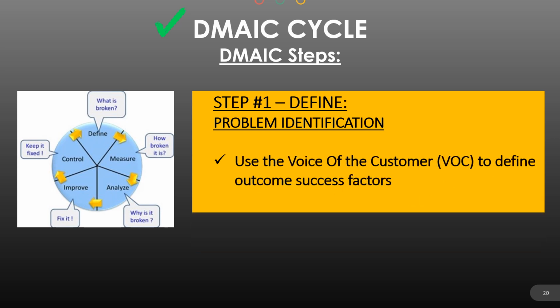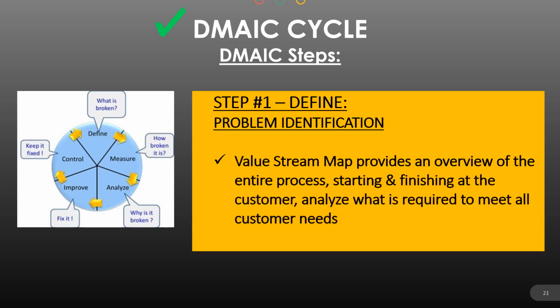Use the voice of the customer to define outcome success factors. Value Stream Map provides an overview of the entire new process, starting and finishing at the customer, and analyze what is required to meet all customer needs.